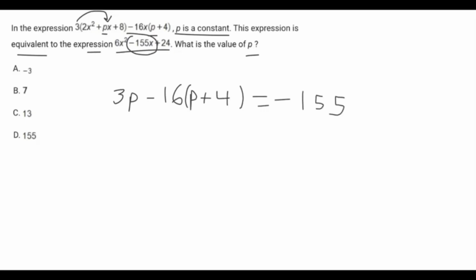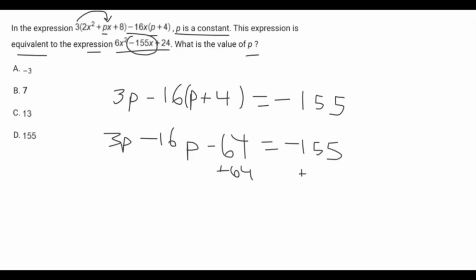All right, let's just do some distributive property. So negative 16 times p, negative 16p. Negative 16 times positive 4 is just negative 64. And then we have 3p on this side, and this is equivalent to negative 155. Let's just do some simple algebra, right? We add 64 on both sides, and that will give us 91 on this side.